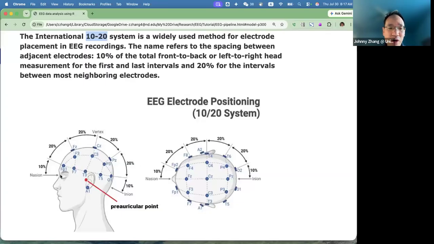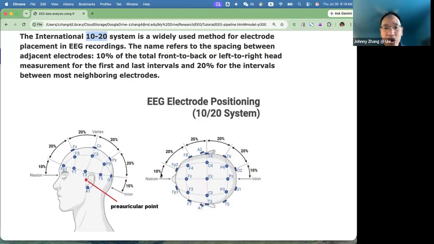So we can find those two points, and then we can divide the head from the front to the back into different regions. For example, this could be 10% of the total length from the front to the back, and then in between this is 20%, 20%. So from front to back, we can place the electrodes in this way.